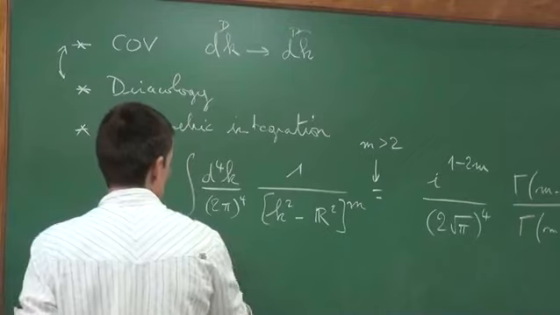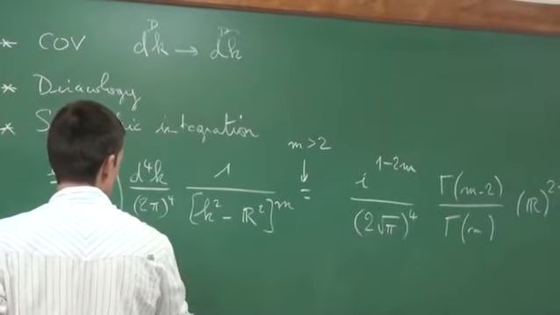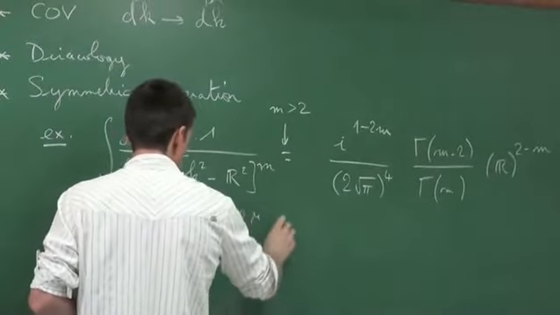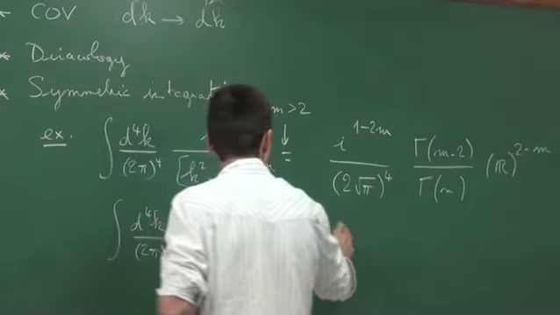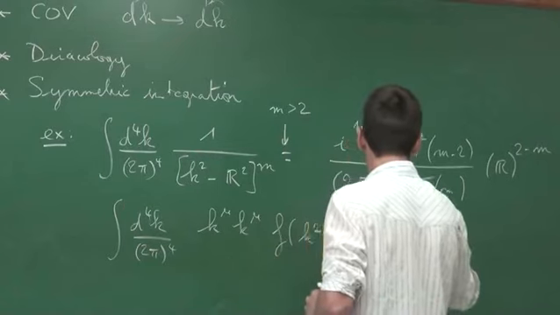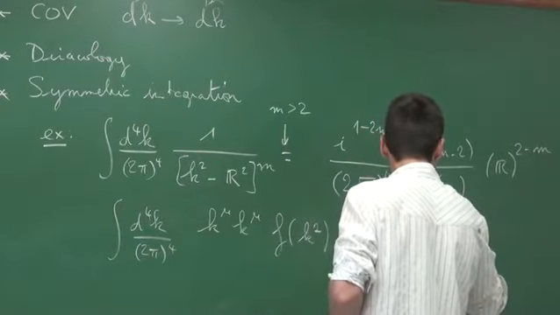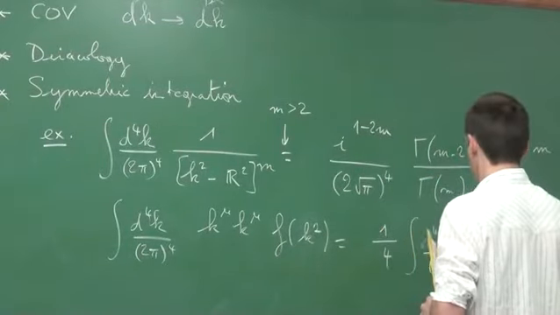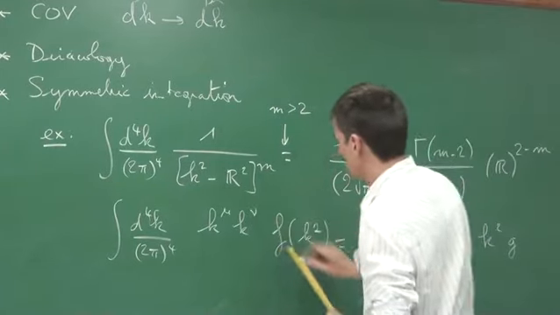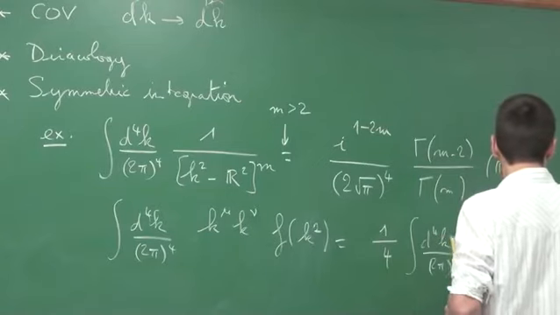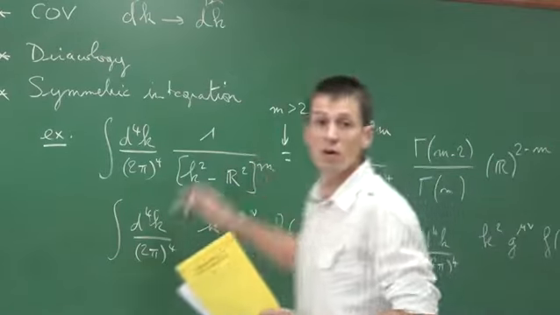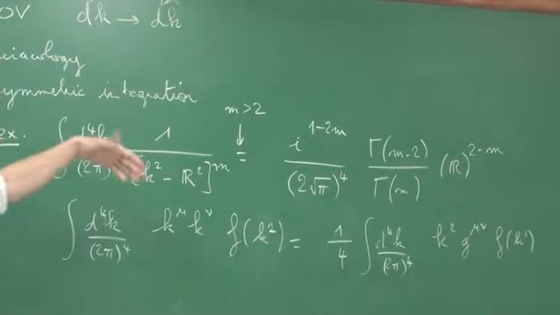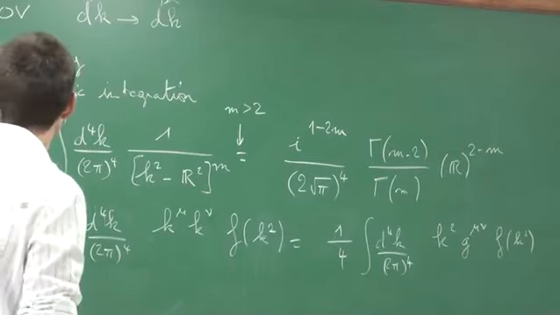And other tricks, like, for instance, if you have an odd number of powers of k in the numerator, this kind of integrals are 0. Okay? So you know this already.